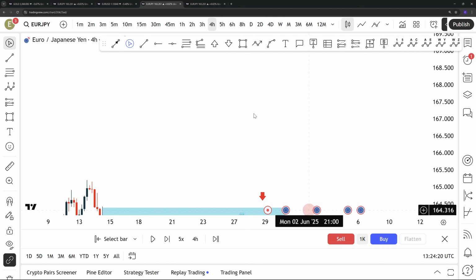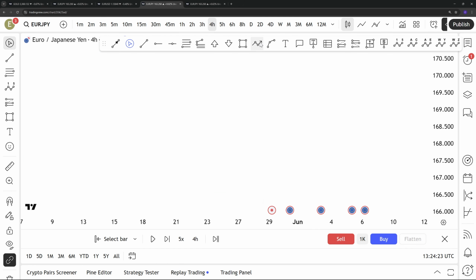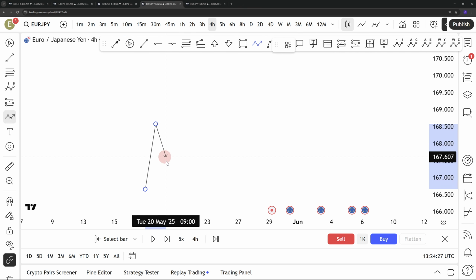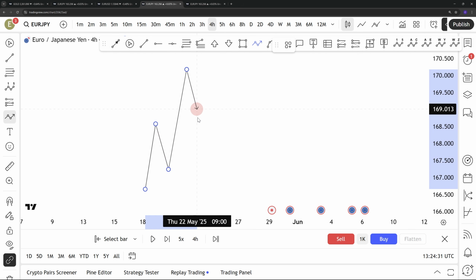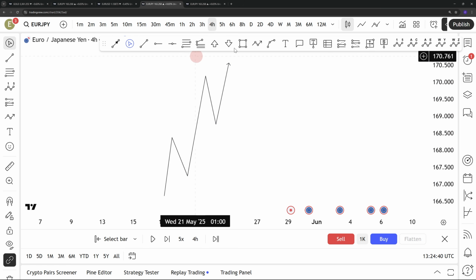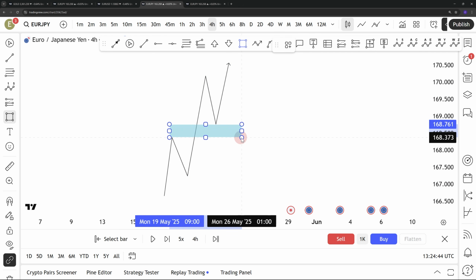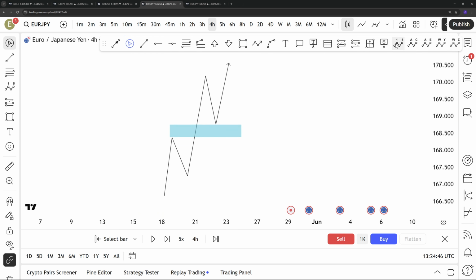And also another thing, let me show you something. If you have a wave like this, we have 1, and then we have 2, and then we have 3, 4, 5 here. So if price, let's say right now we have this, let me label this so that everything can be clear.